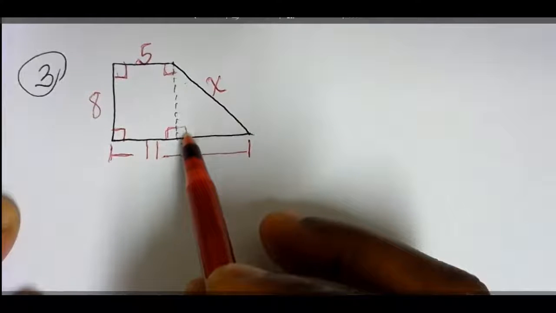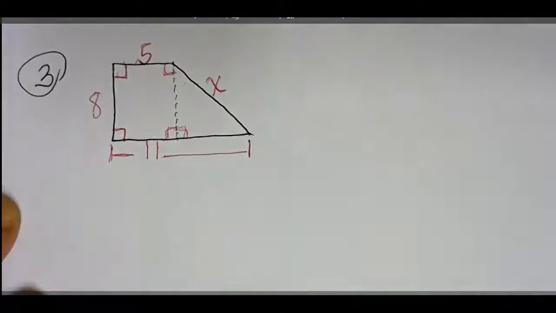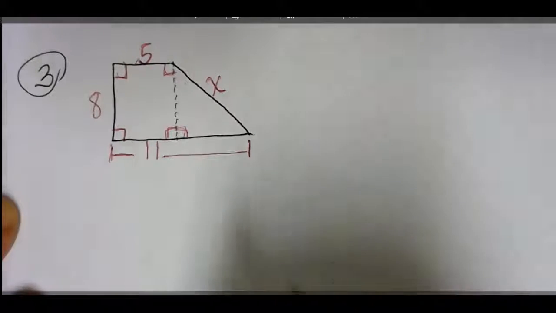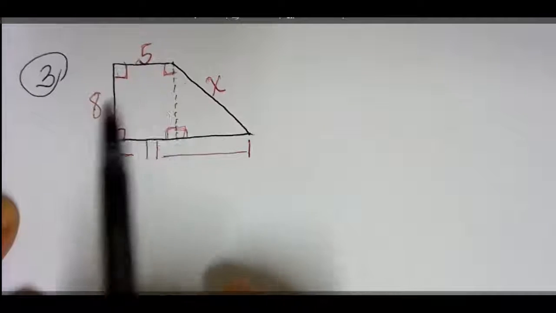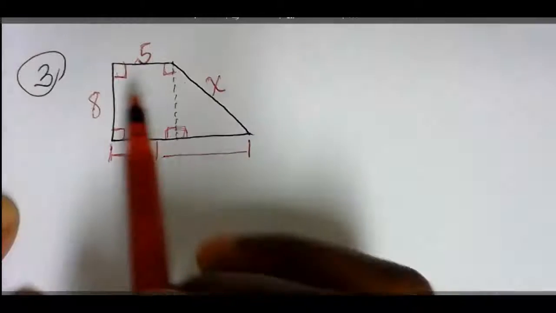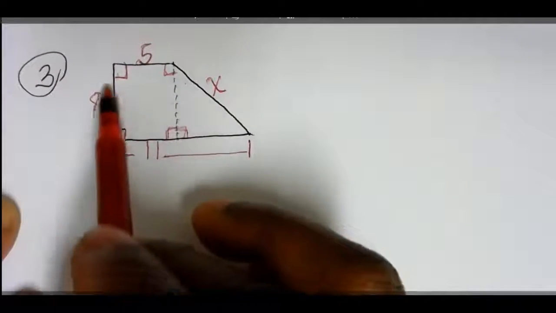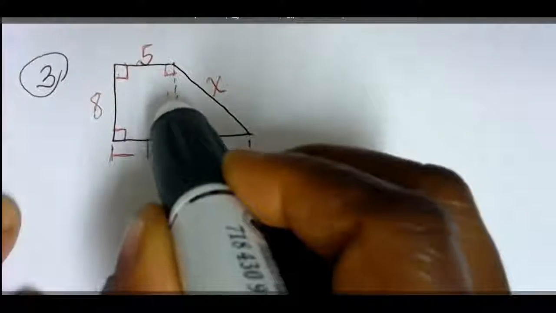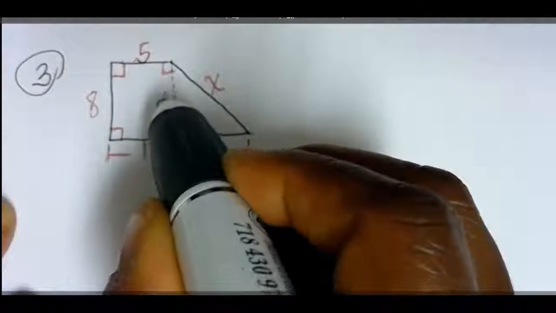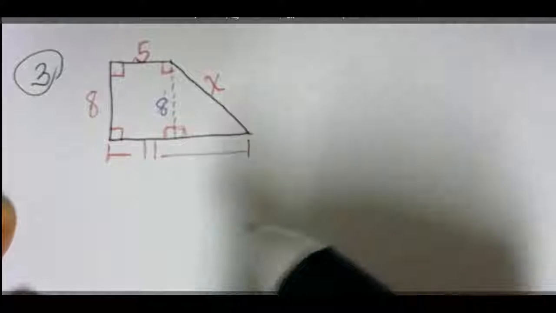So here is going to be a right angle also, by perpendicular line. Now, since we know in a rectangle, both opposite sides are equal. So if this is 8, this is going to be 8 also. We write it in blue, it's additional. So this side is going to be 8 also.